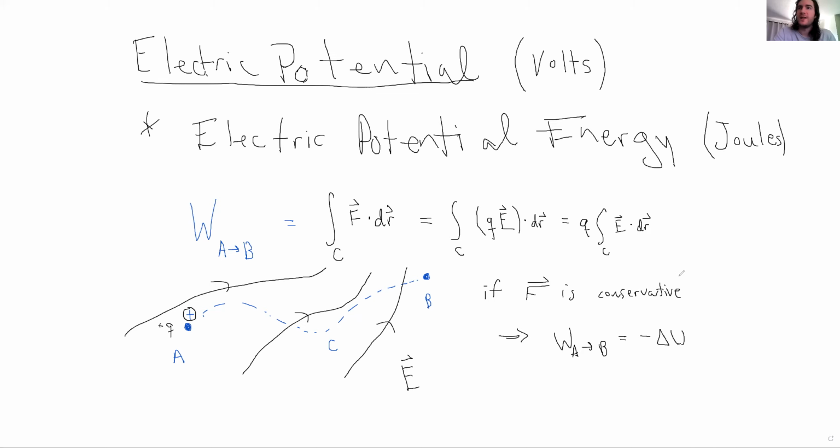Well, in our case here, we need E to be conservative, right? Yeah, we can have F as conservative, right? But F we write as Q times E. And so if E is conservative, then F is going to be conservative, since Q is just a multiplying number, right? So this implies that if E is conservative, then we have the same thing here.